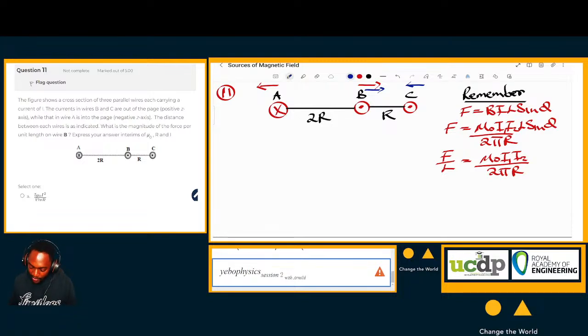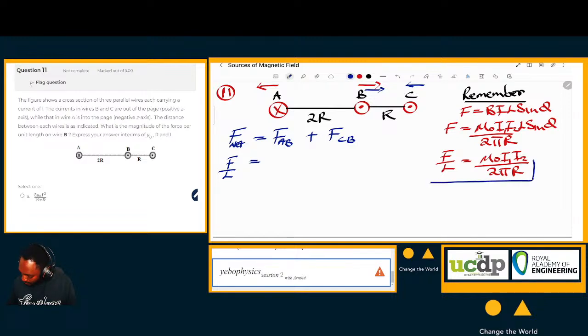Okay, so now considering to the right, it's going to be positive, right? So it's going to be our force being equal to force of A on B plus force of C on B, right? So F is going to be equal to, so it's already force per unit length, okay? So it's going to be this equation that we've highlighted here.